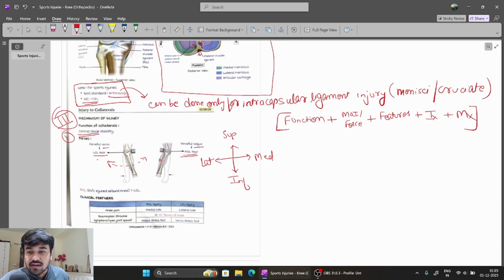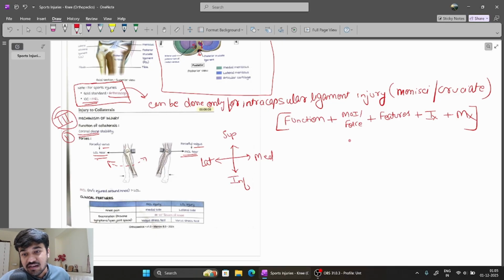A medial collateral ligament tear, right? So forceful varus leads to LCL tear, forceful valgus leads to MCL tear. I don't think we need a mnemonic to remember this, it's pretty self-explanatory. All you need to know is that collateral ligaments provide stability in the coronal plane, so the function itself explains the type of force which leads to the ligament injury, right?